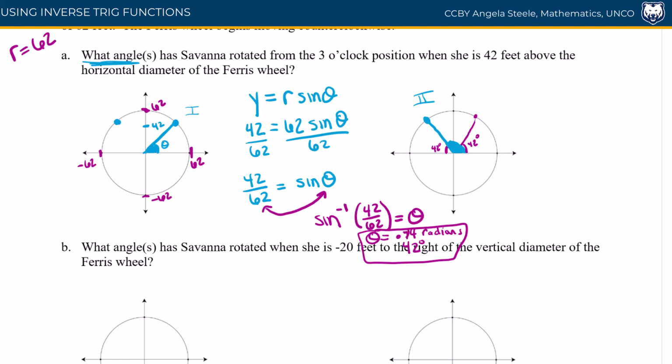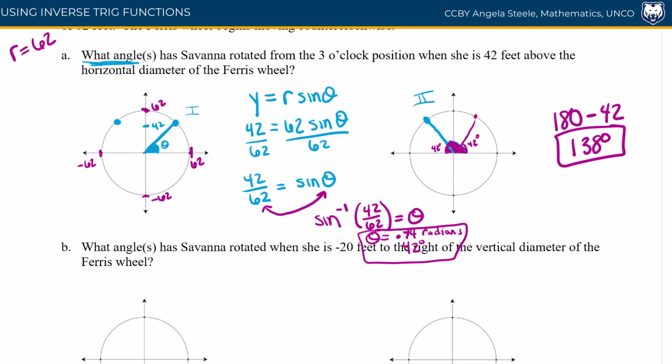If we go halfway around the circle, that's 180 degrees, and we want to take away the 42 degrees. We're going to take away this part of the angle because we don't want that part. So 180 minus 42 degrees gives us 138 degrees. That means that from the 3 o'clock position to this line, we have 138 degrees.